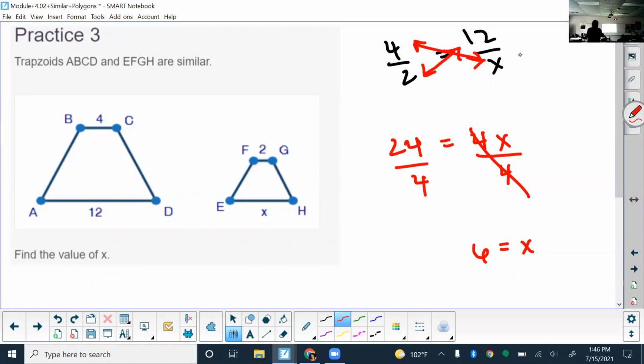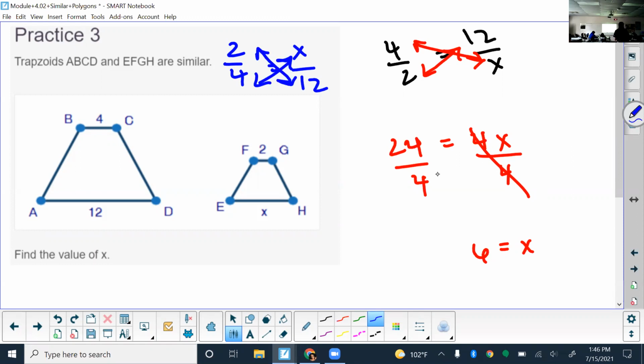And you could have a proportion that looks a little bit different, but it's still correct. Like you could have done the smaller trapezoid over the bigger trapezoid, like that. All right, no matter what, you still cross multiply and you still get the same equation.